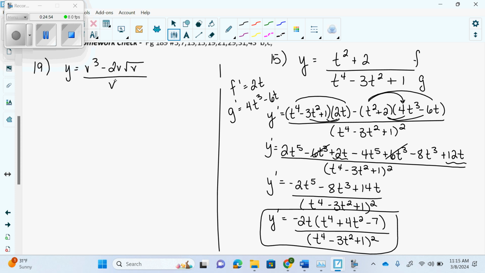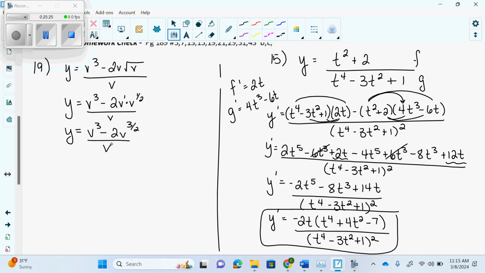Put them together. So I'm going to get y equals v cubed minus 2v times v to the half over v, correct? And then I'm going to put those together. When you multiply same bases, what do you do with the exponents? Add them. Not same exponents, same base. So v cubed minus 2v to the, what's 1 plus a half? 3 halves over v.